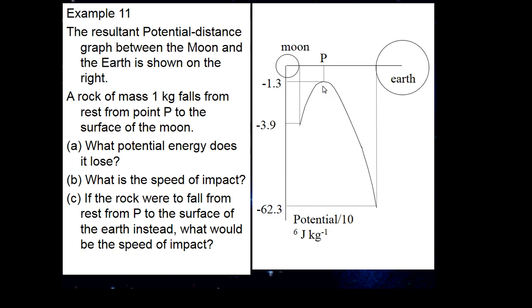Thank you, Matthew. You saved the whole thing. It was on purpose, right? Obviously. All right. So you are supposed to fall from negative 1.3 to negative 3.9. What energy does it lose?